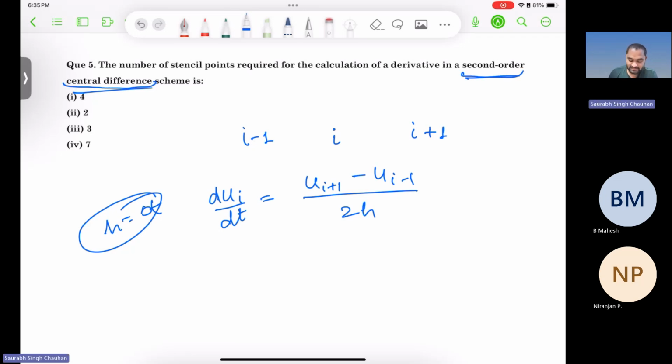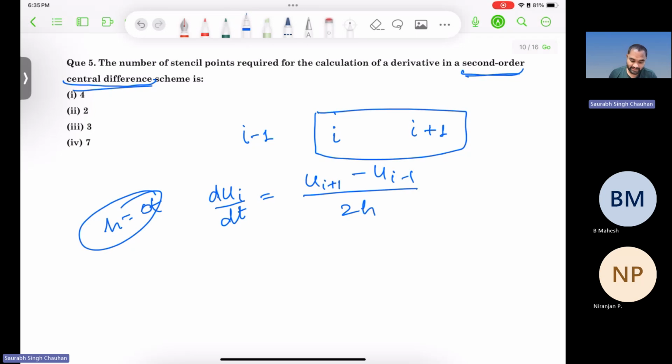Why central difference? If we are taking only i and i plus 1, then it would be forward difference. And if you are taking one point backward, then it will be backward difference. And if you are taking 3 points and i is at center, so 1 point forward and 1 point backward, it is central difference. Fine. Why this term second order?